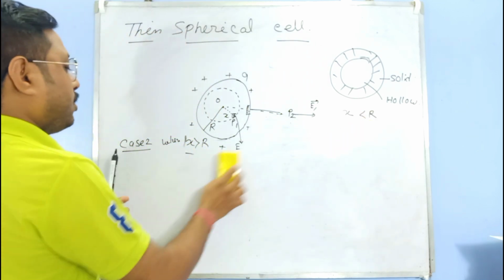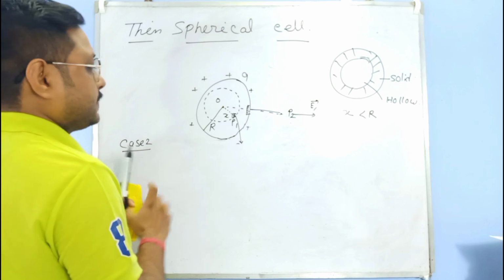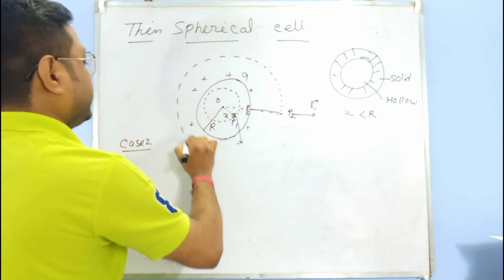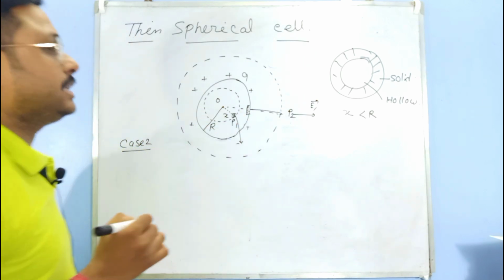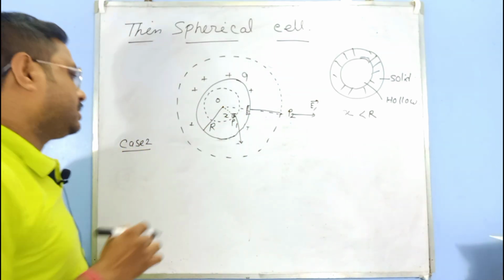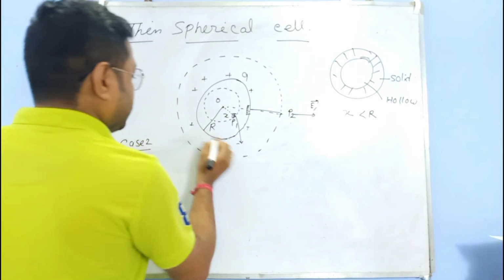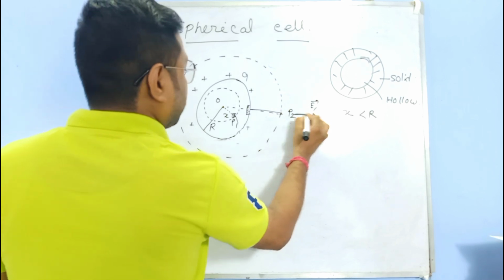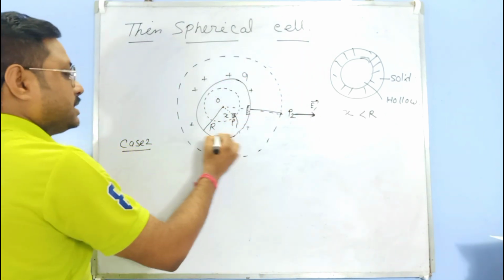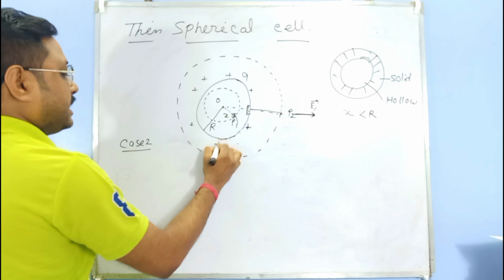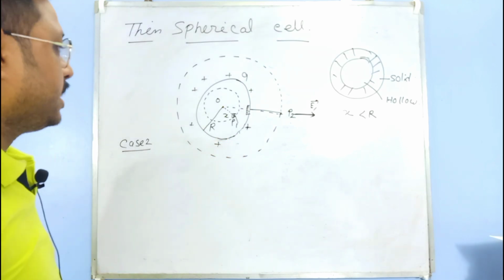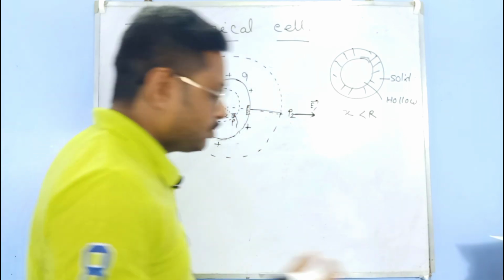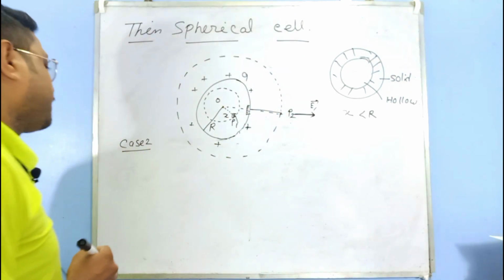Again we can draw a Gaussian surface which passes through the point P. Here by symmetry it is a spherical Gaussian surface. Now the electric field is always radially outward if the charge is positive. Here we can say that the plus q charge is induced. If it is negative, then the direction of electric field is towards the charge. We know it from the previous discussion.